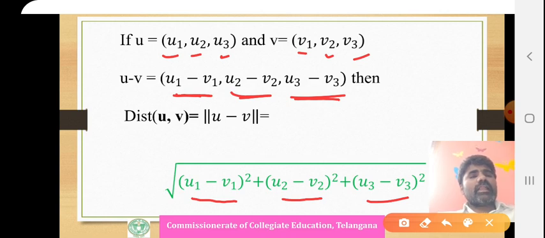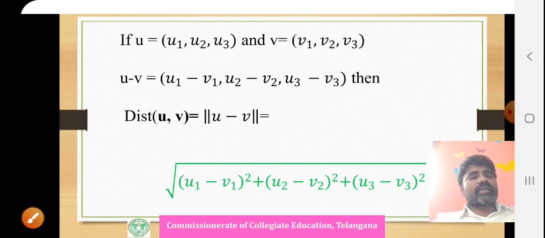This is nothing but the distance between two points in 3D. Distance between x1, x2, x3 and y1, y2, y3 is the square root of (x1 minus y1) whole square plus (x2 minus y2) whole square plus (x3 minus y3) whole square. This is the distance between two vectors, which is the same as the distance between two points.